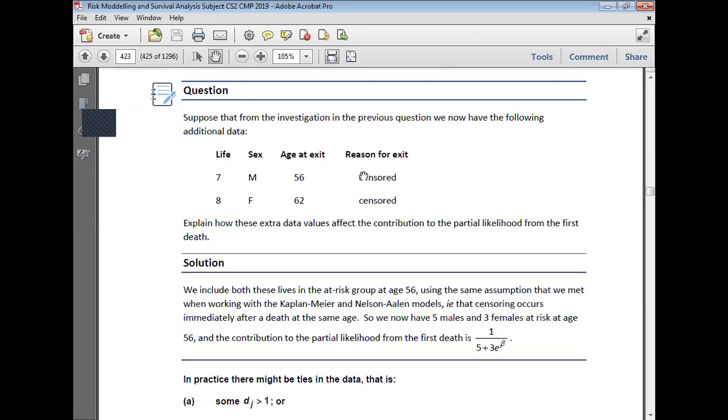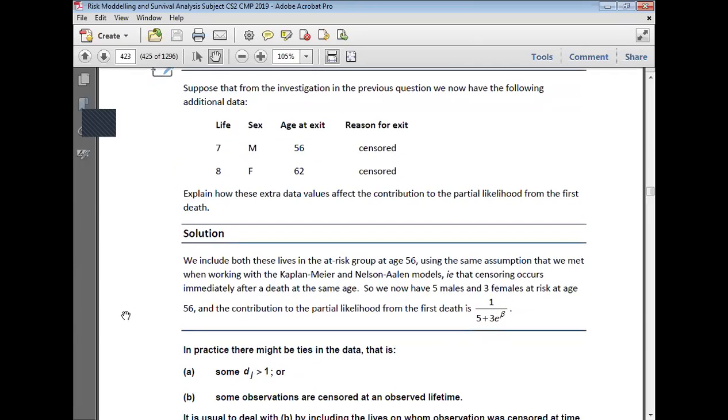So how are we going to treat this? The way we will treat this is similar to the assumption that we made in the previous chapter: if a death and censoring happen at the same time, you assume that the death happens first and the censoring happens next. The only thing that changes is how many lives you have exposed to risk at that point in time.